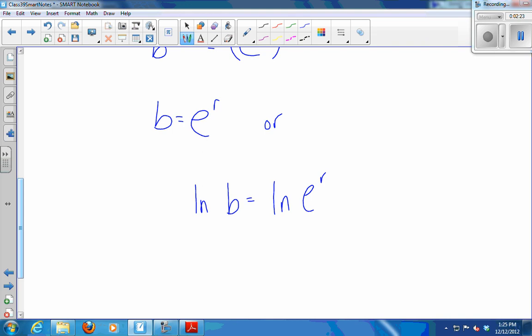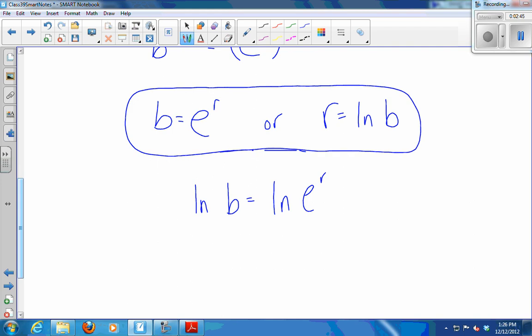What is the ln of e to the r? It's r times the ln of e, and the ln of e is 1. So I have that r equals the ln of b. This is how you convert.